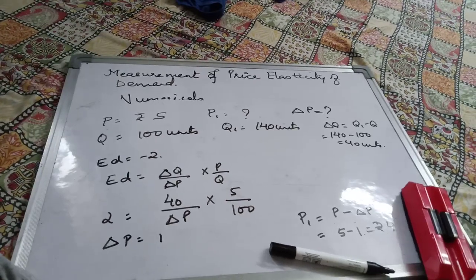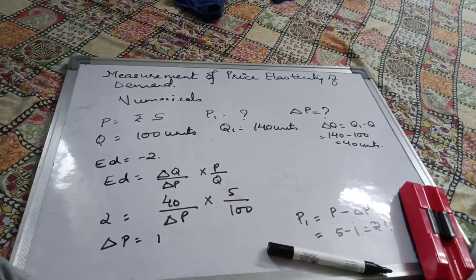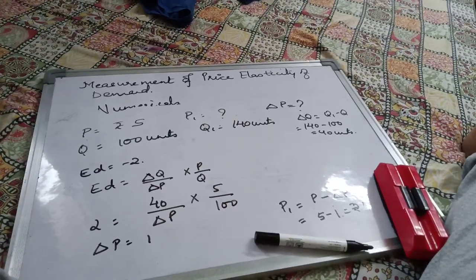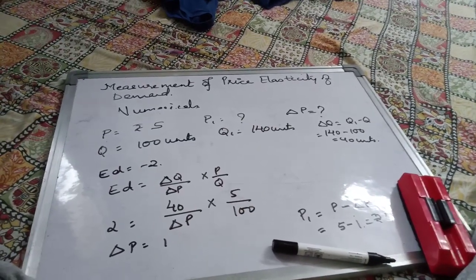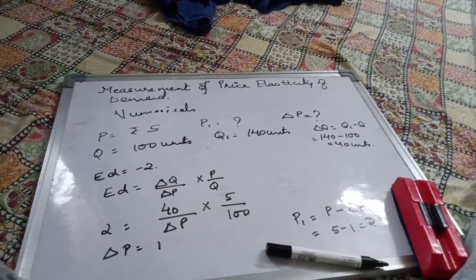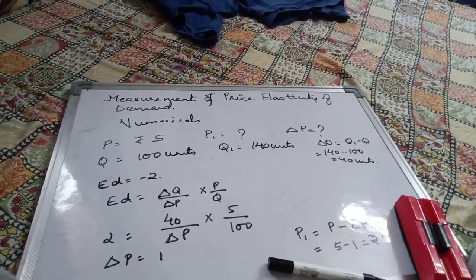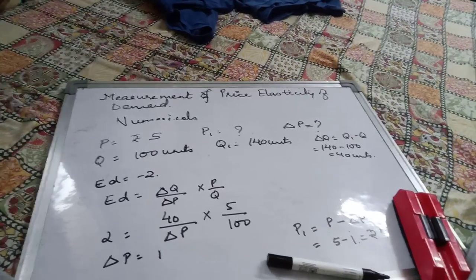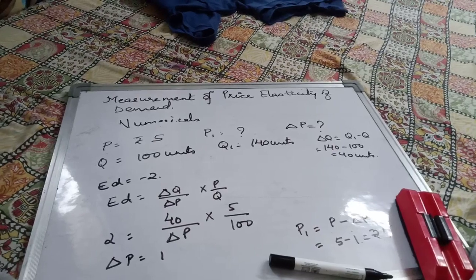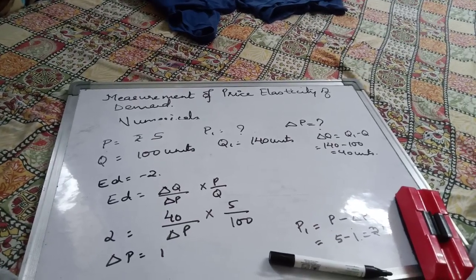Find the new price if he buys 20 kg and price elasticity is minus 5. Again, a consumer buys 10 kgs at rupees 5 per kg. Find the new price if he buys 20 kg and price elasticity is minus 5.